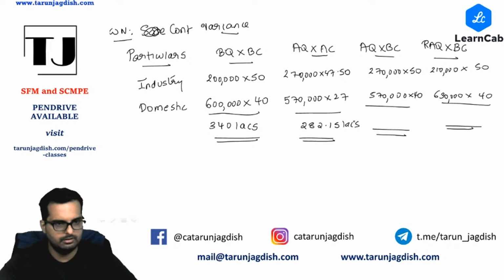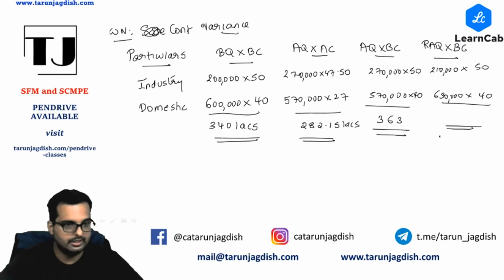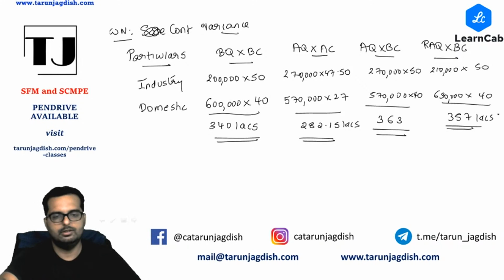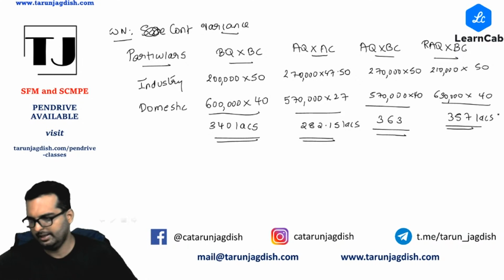Yes, that's the same number. It will be 363 lakhs over here. Here you will get the answer as 357 lakhs. Can you please write this down in your books? I'll give you a minute's time.